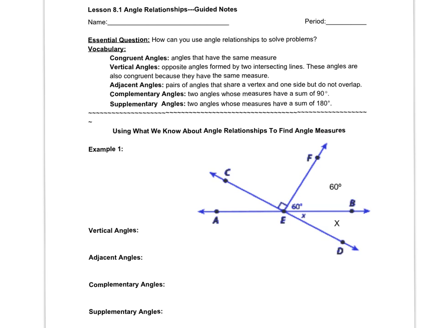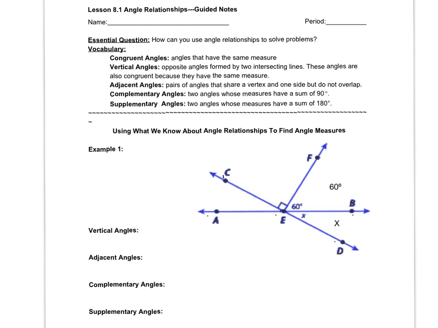The first thing we're going to look for is a pair of vertical angles. Looking at our definition and what we've discussed, vertical angles happen when we have two intersecting lines. Looking in the diagram, I see two intersecting lines. I've got two straight lines: line CED and line AEB.